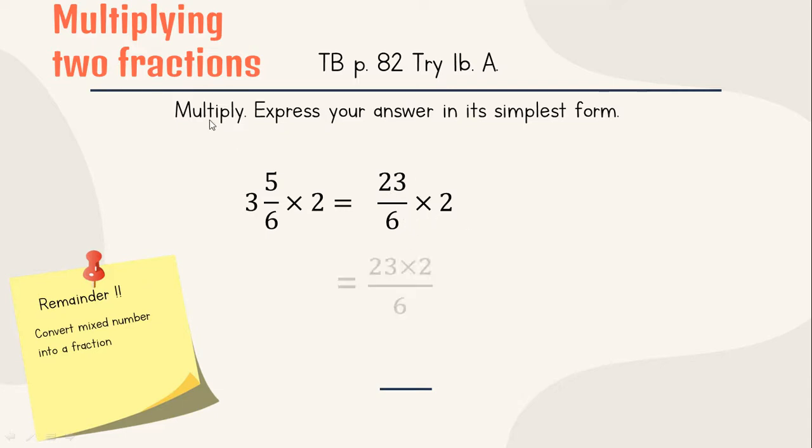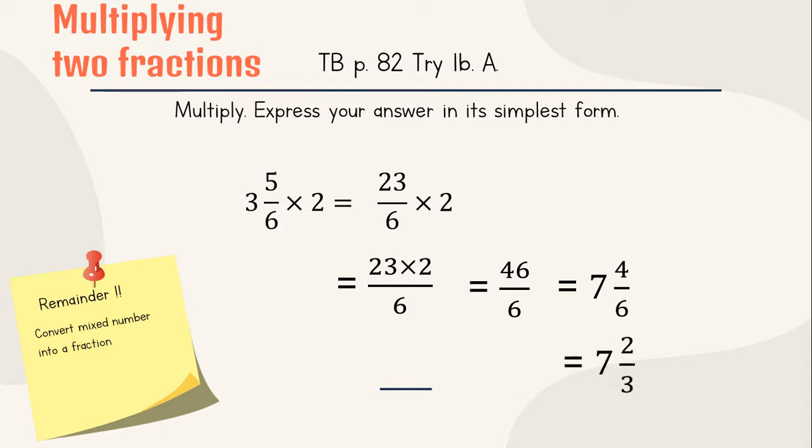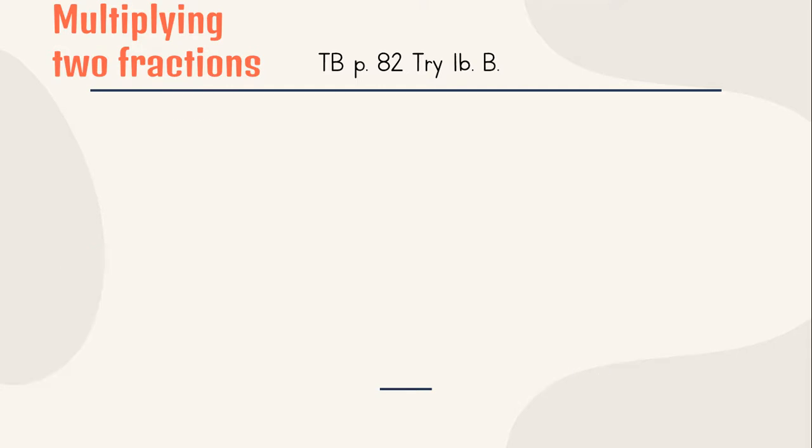So now what do we have to do? 23 times 2 per 6 equals 46 per 6. Don't forget, the question is asking for the simplest form. Make it into the simplest form. Is it the simplest? I believe not, because we can make it into 7 and 2 per 3 as the simplest. So the answer for try 1b point A, page 82 is 7 and 2 per 3.